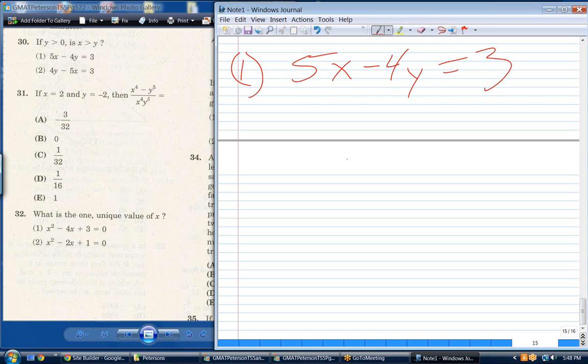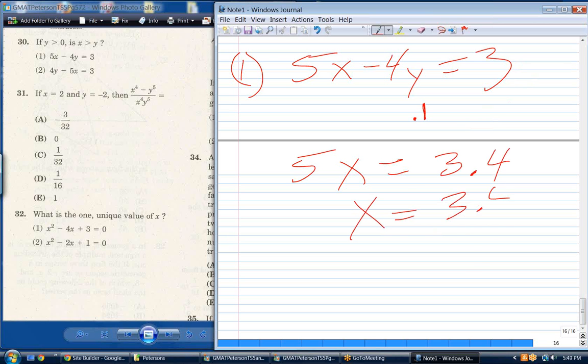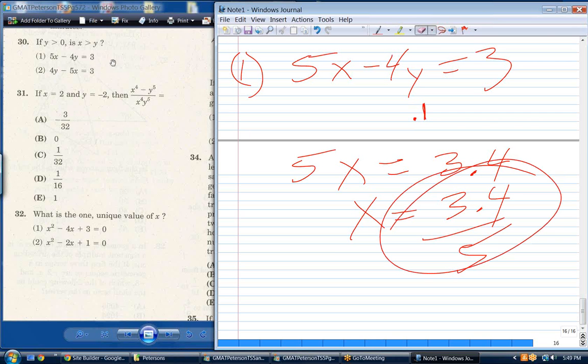So x is going to be bigger than 1, because 5x would equal 7, so x would be 7/5, greater than 1. So in that situation, it's greater. How about if we pick a real tiny number like 0.1? Well, now 5x has to be equal to 3 plus 0.4, 3.4, so x is 3.4 over 5. That's much bigger than 0.1. So it would appear with just the two numbers that we picked that that would have to be true.